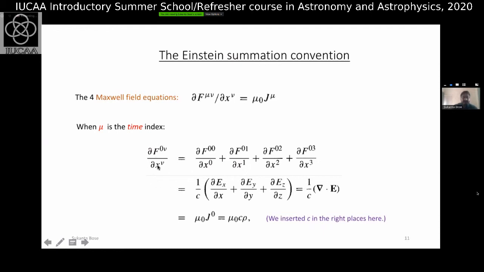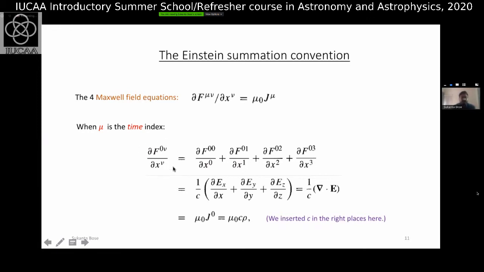This thing here means that you have to sum over all values of nu, meaning the first term will be 0, 0 for nu. And then you sum it with another term when nu in both places is 1. And then you add a third term where nu in both places is 2. And then finally a fourth term when nu in both places is 3.